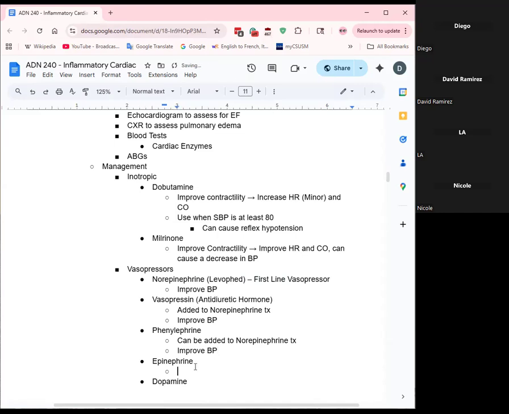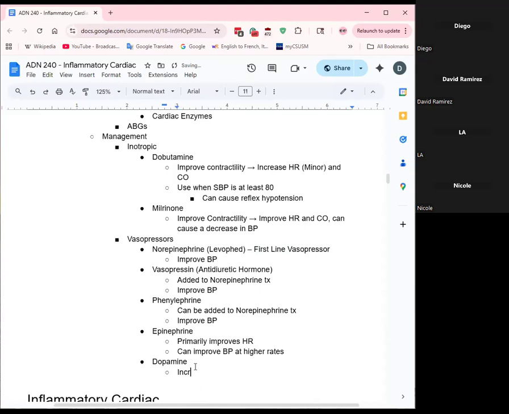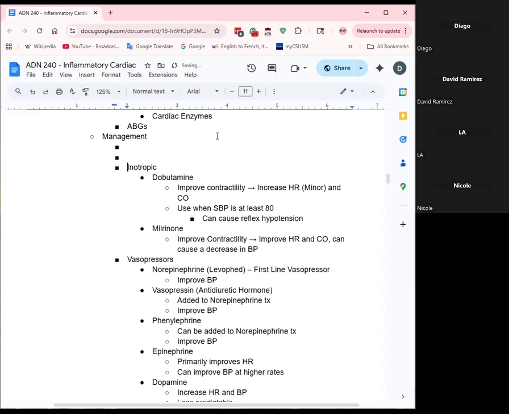The epinephrine primarily improves heart rate and improves BP. So dopamine is less predictable, so you kind of don't want to mess with it too much. And then I'll include this.